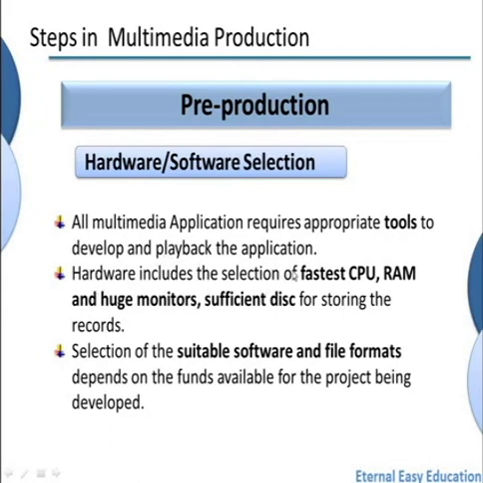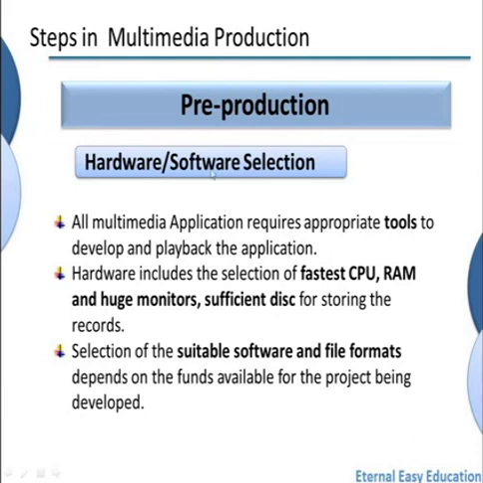Hardware includes the selection of the fastest CPU and RAM and huge monitors. This is important because if the RAM is very low, or the CPU is very low in performance, then most people will not like the product because it takes such a long time to load. I don't like this, this is very slow. We'll get a comment like that.